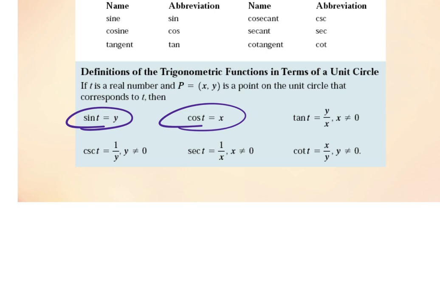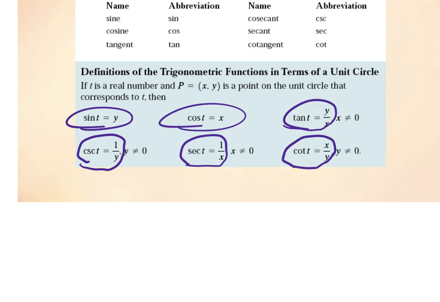The tangent is y over x. For the reciprocal functions, we flip sine to get cosecant, flip cosine to get secant, and flip tangent to get cotangent. So go back to all those coordinate points: every x value is a cosine, every y value is a sine, and every tangent is y over x.